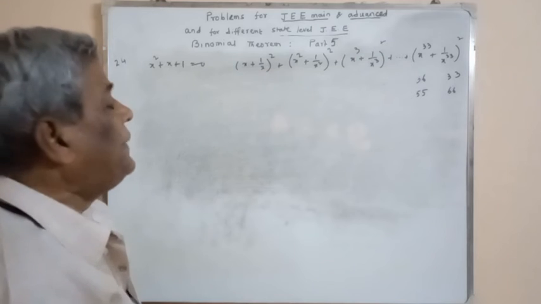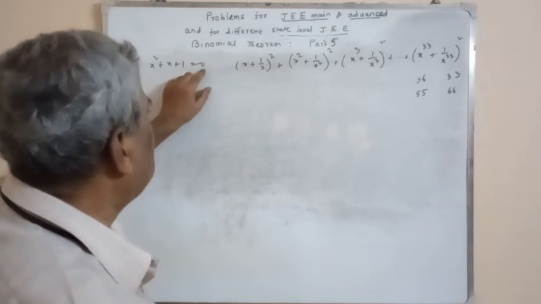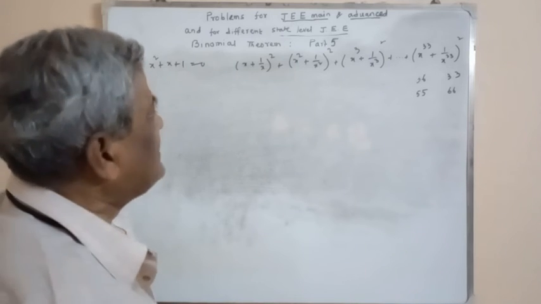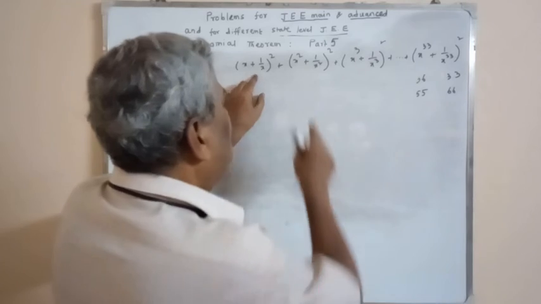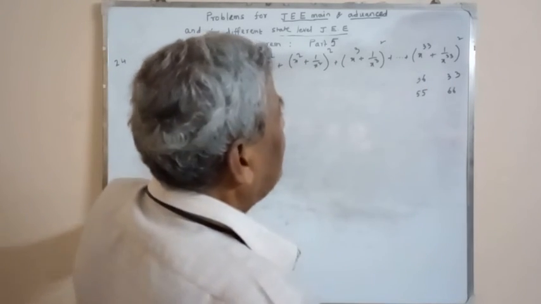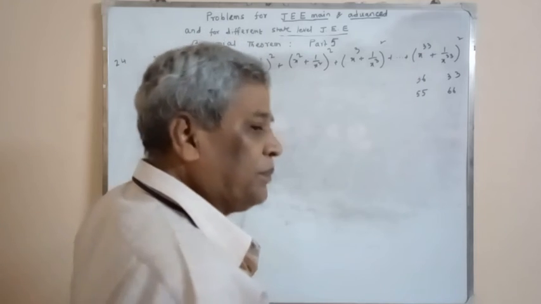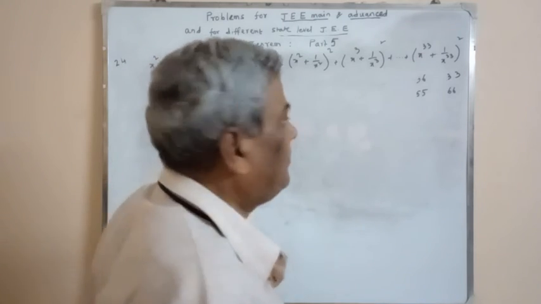Now actually the value of x is given. We can obtain it by solving this equal to 0. Then using that value, we find the value of these terms. There are 33 binomials there.